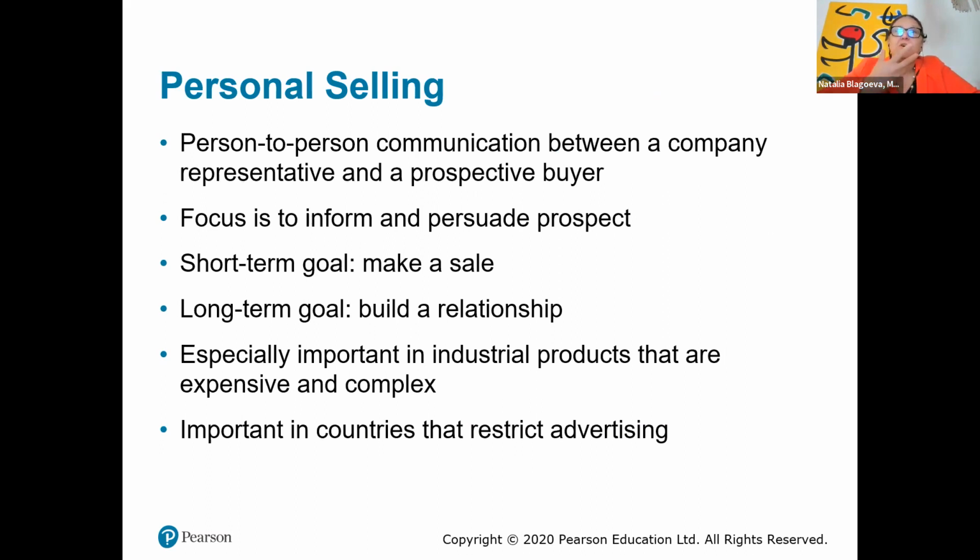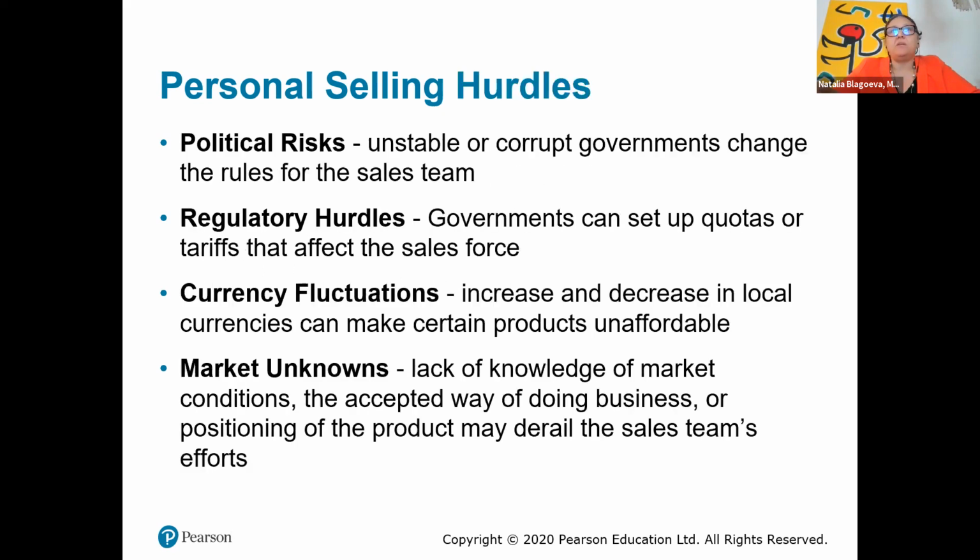So the focus is on one side to make a sale, but on the other side to build a relationship with the customer. Primarily, we're going to see this in industrial products. We are not going to see this for consumer products. It will be ineffective.